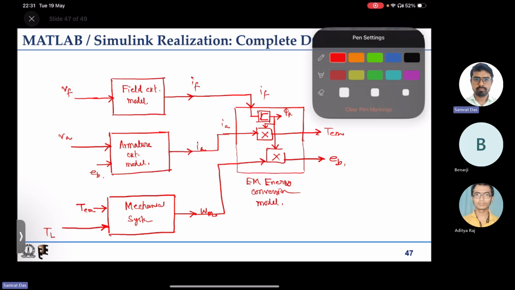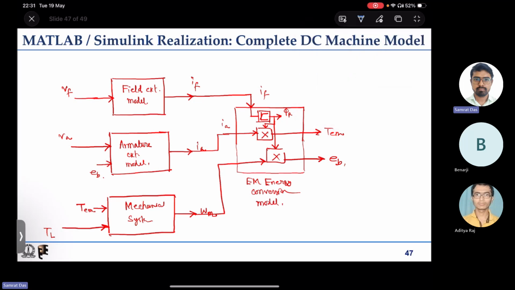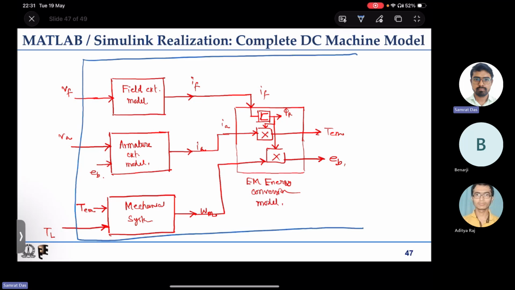So now if I draw the entire thing, this is the entire DC machine model, where the control inputs are VF and VA, the field winding voltage that we can control, and the armature winding voltage that is also in our control.